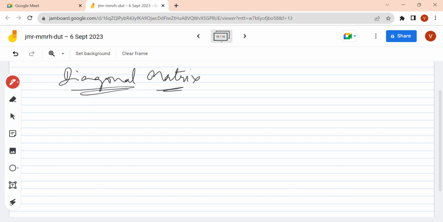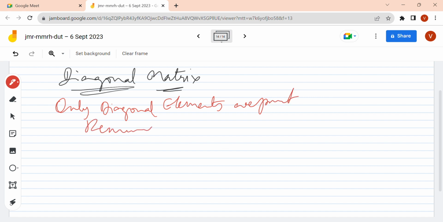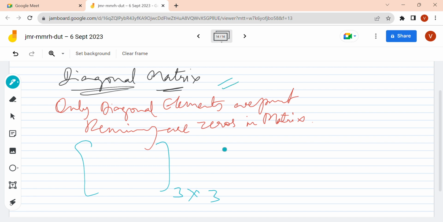A diagonal matrix is one in which only diagonal elements are present, and the remaining are zeros in that matrix. Now this is a matrix, let's say 3 into 3, and a diagonal matrix should always be a square matrix. The condition is it should be a square matrix.